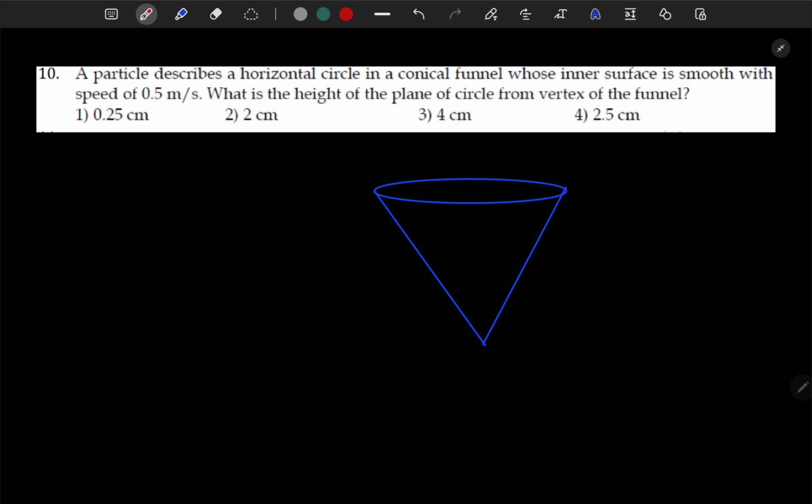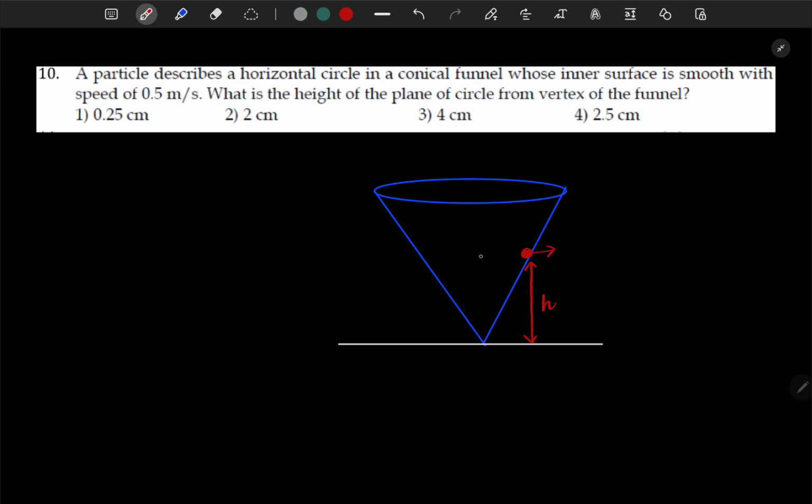So we'll also draw a line here, the plane base is drawn. Now here is a particle which is at a height of h from the ground, and it is rotating in a circle with a speed.